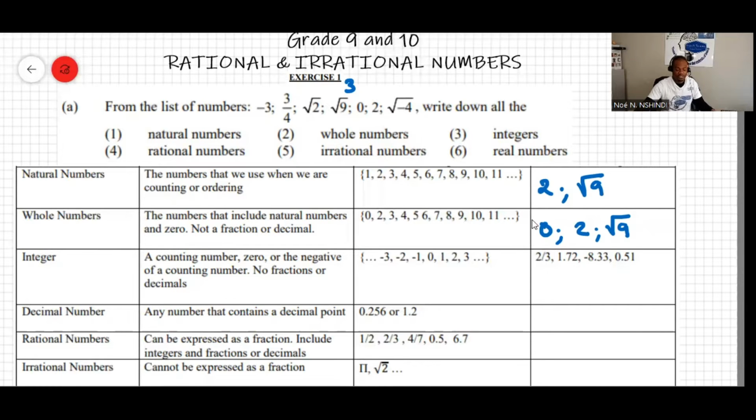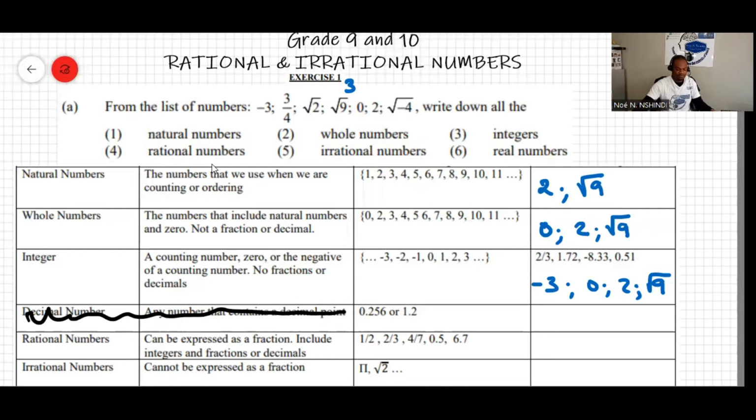If I want to take it in ascending order, I'll start with -3 because it is an integer. Then -3, 0, 2, and root 9. All these are integers. We're not talking about decimal numbers here; we weren't asked anything about decimal numbers.